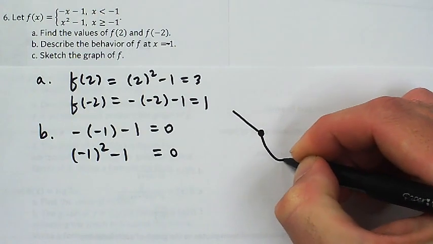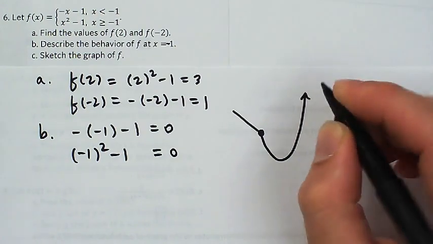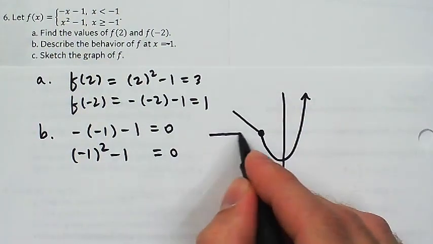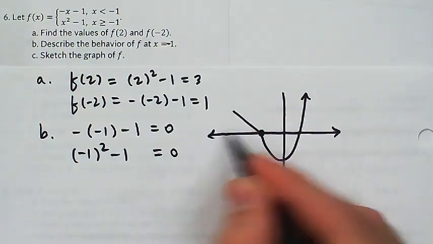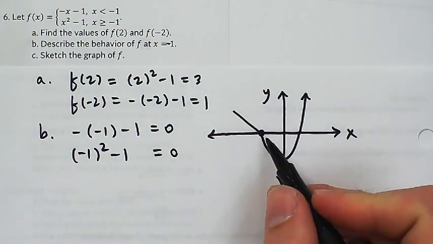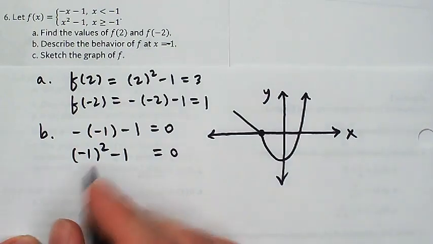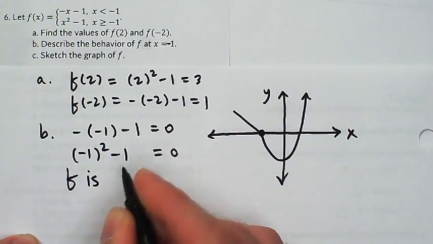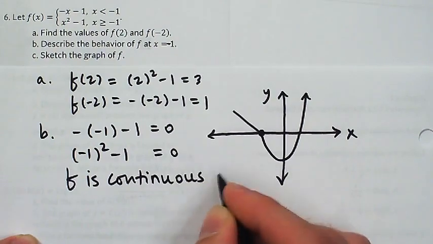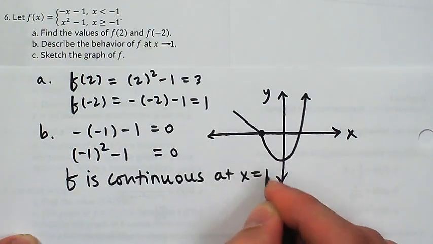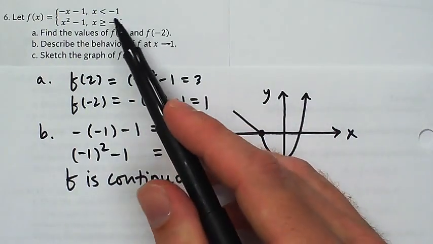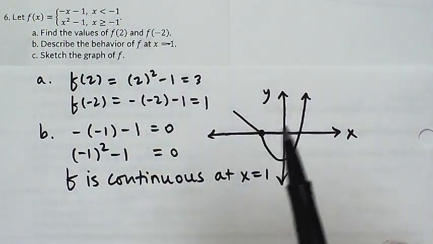It looks like that if this is the y-axis and that is the x-axis. And so I'd say the function's continuous at x equals negative 1, because the two pieces agree with the x value that they share plugged in.